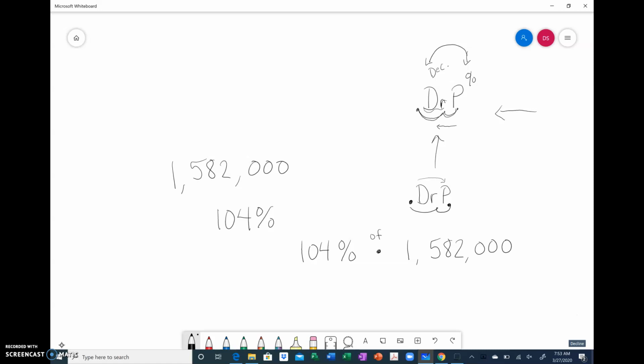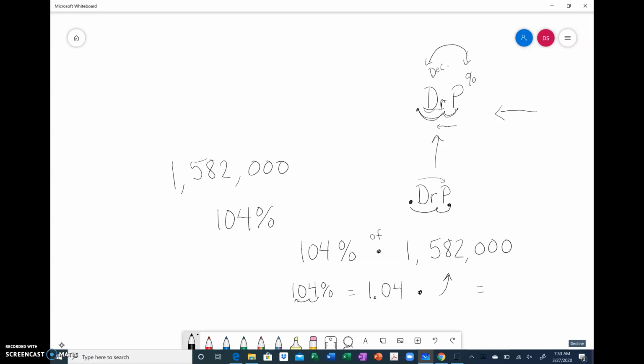So before you can solve this problem, you have to change 104% into a decimal. It is a percent, so I'm going to visualize my decimal point on the right side, and I'm going to go back to the left 2 places. That gives me the decimal 1.04 times this big number.